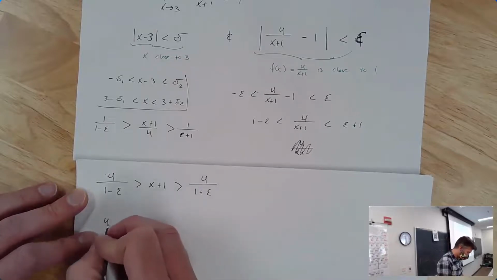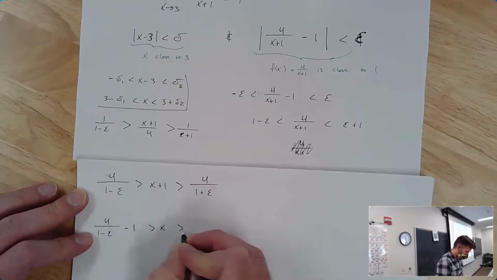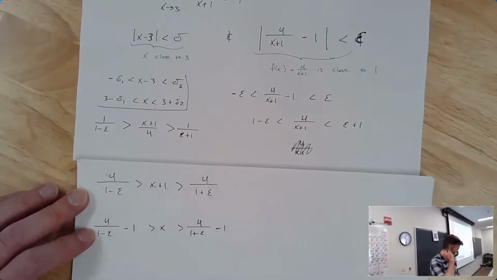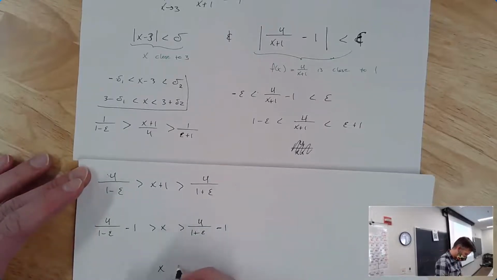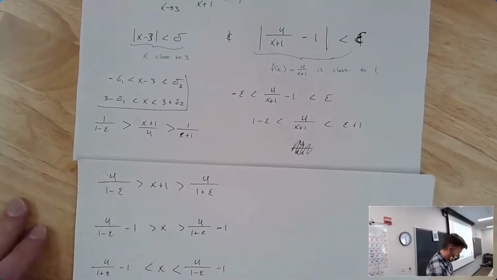So 4 over 1 minus epsilon minus 1 bigger than x bigger than 4 over 1 plus epsilon minus 1, or as I would probably write this. So x is between those two things.